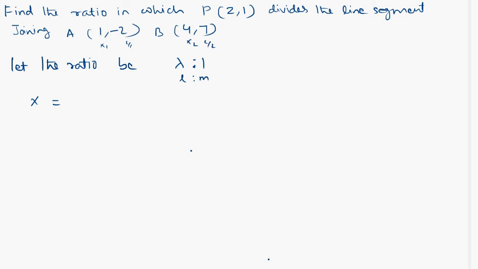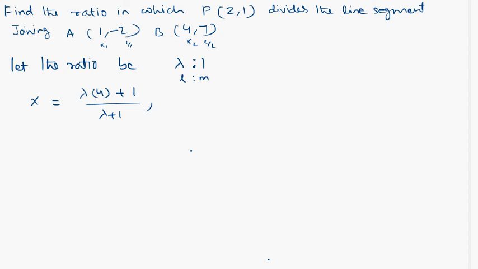Now Lx2 is lambda times 4 plus M, which is 1, x1 is 1, divided by lambda plus 1.